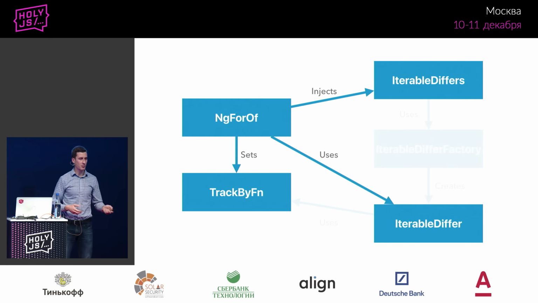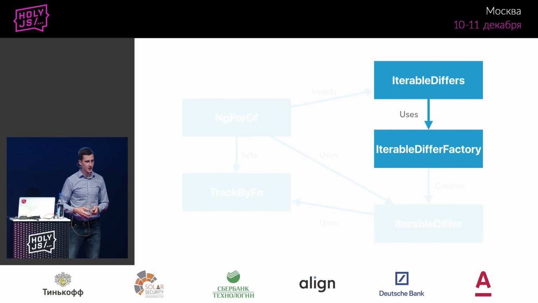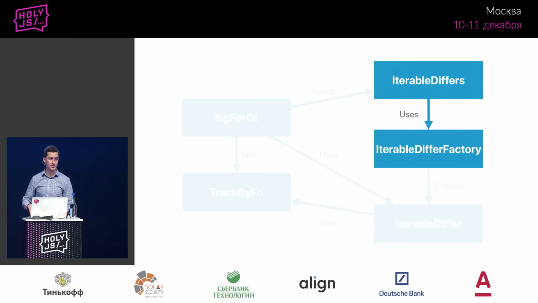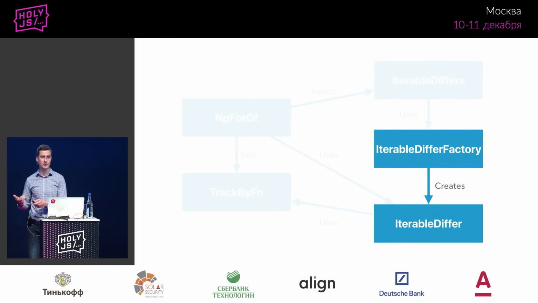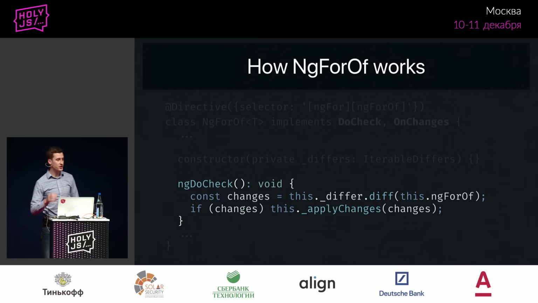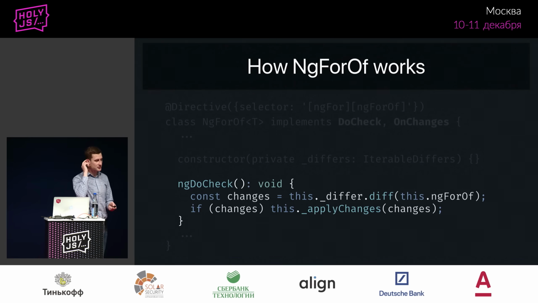And we also have the trackBy function. The IterableDiffers use a collection of factories, which, on the other hand, produce an IterableDiffer, which uses a trackBy function in order to find by what characteristics of the individual items in the collection we're going to compare the items.